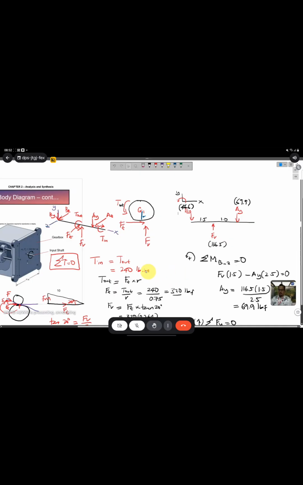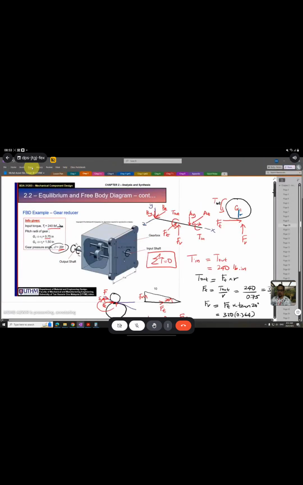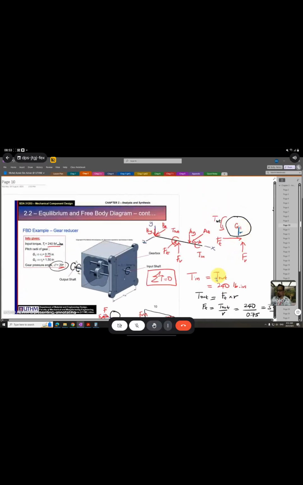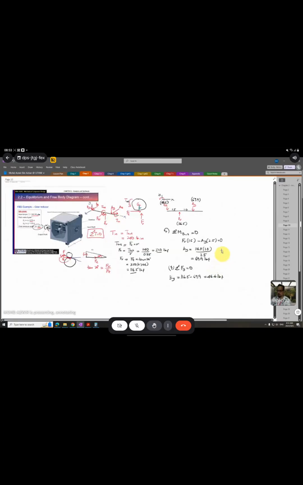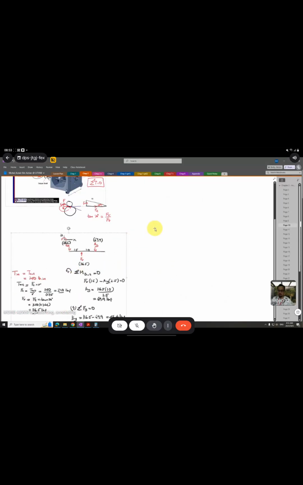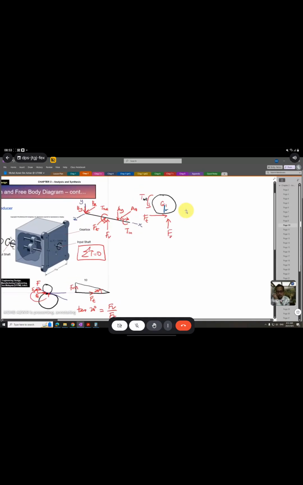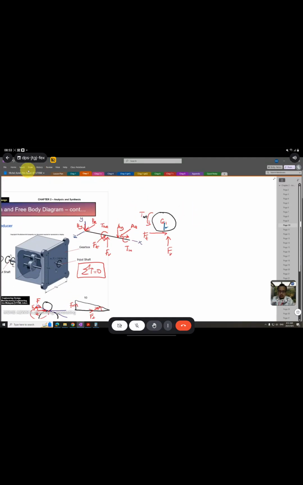Then after that, you need to calculate the Z and X directions. For the Z and X directions, we draw again.